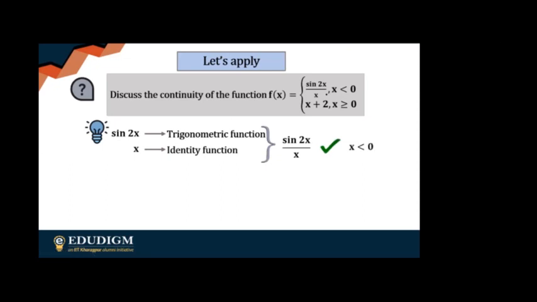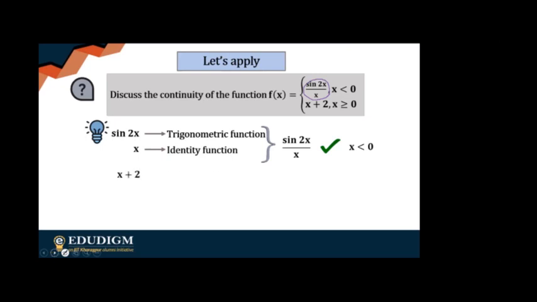So if you look at this portion where x is less than 0, that's it. You didn't have to go for the limiting value or the functional value. Just use the continuity of these special functions and you're done for any x which is less than 0.